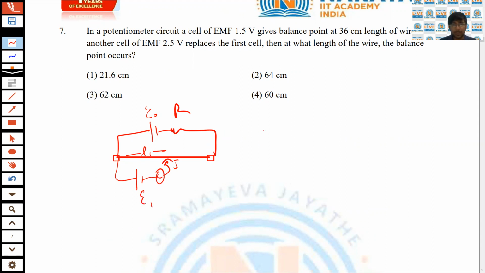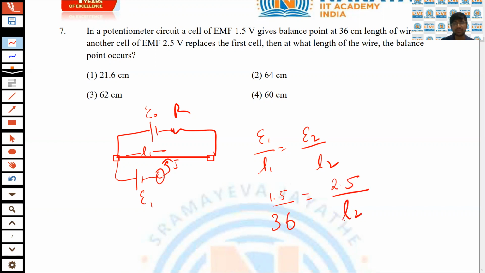And we know the proportionality E1 by L1 is equal to E2 by L2. So in the first case, it is 1.5 and the length is 36 centimeters. And in the second case, the EMF is 2.5 and we have to find the value of length. So you just need to calculate this value.